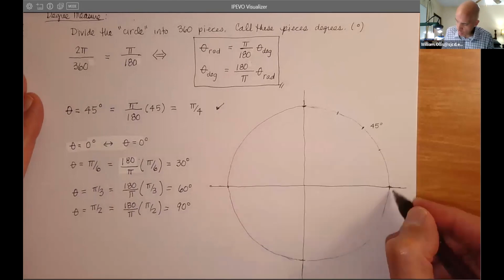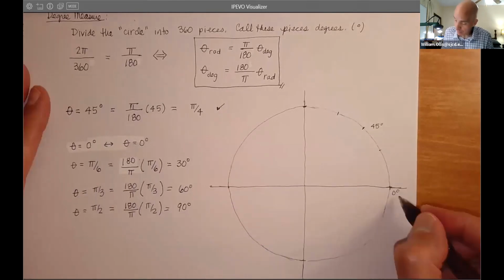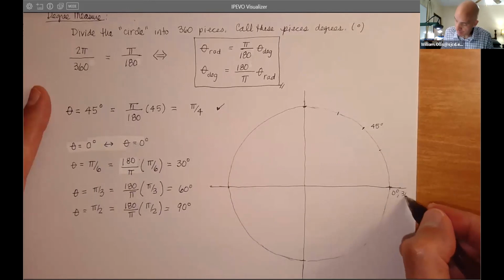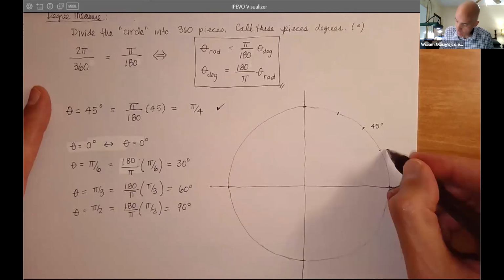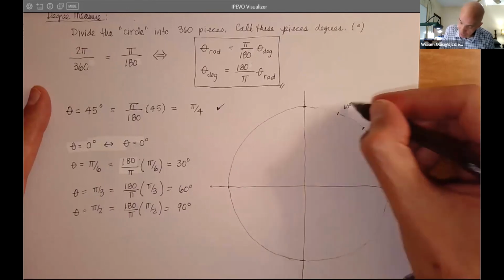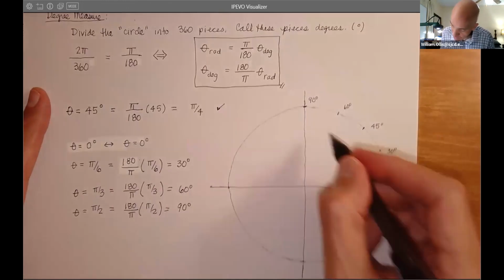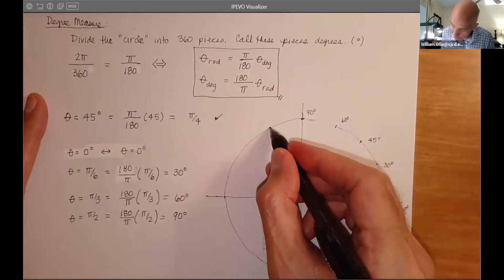So we got 0 degrees, which is again 360, right? Then we have 30 degrees, 45 degrees, 60 degrees, and 90 degrees. And now let's just go ahead and use the symmetry and mark off the other places here.